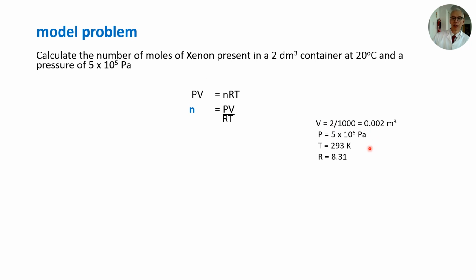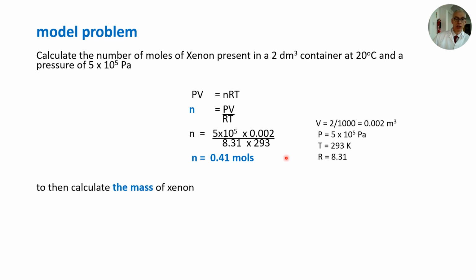Kelvin is the Celsius value plus 273, so temperature is 293 Kelvin, and then R remains as a constant, 8.31. So we plug those into our rearranged equation, solve for the numbers of moles. So the numbers of moles of xenon present was 0.41 moles.